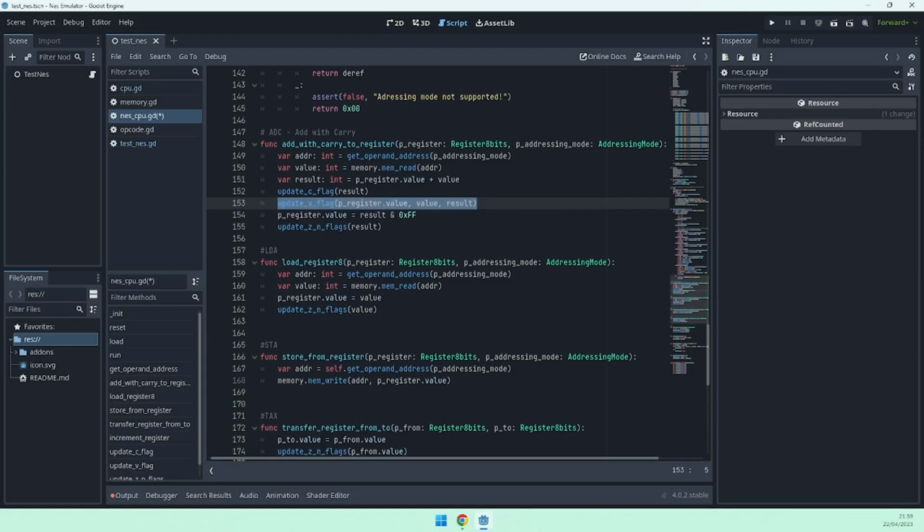So I am doing it before setting the actual value because it should not matter the order. This is a single instruction anyway.